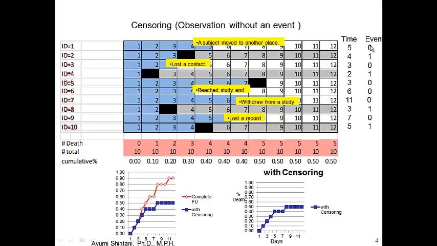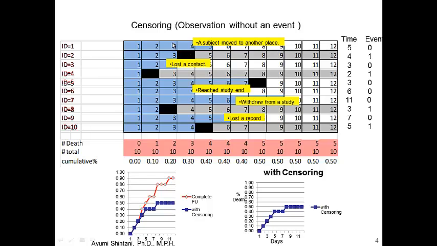So event is simple. For the person without an event you code 0, and for a person with an event you code 1. And for a person who has an event, the time variable would be the time when the event was observed. So in this person number 2, the time to death is 4. Okay?